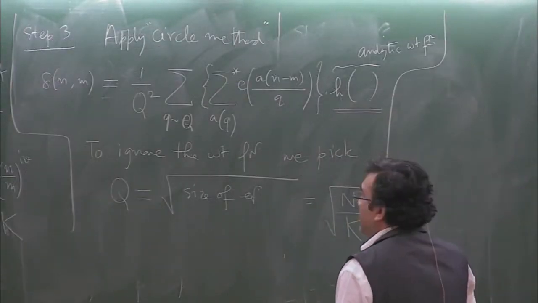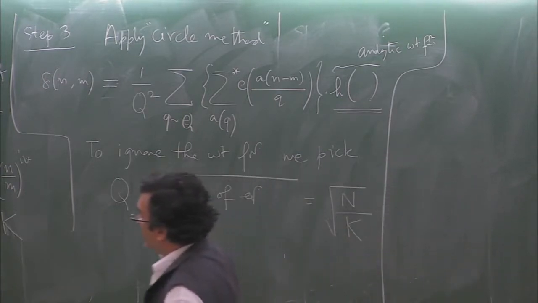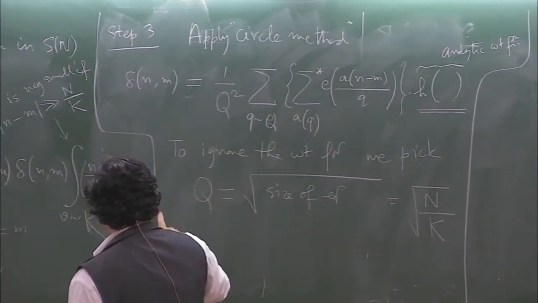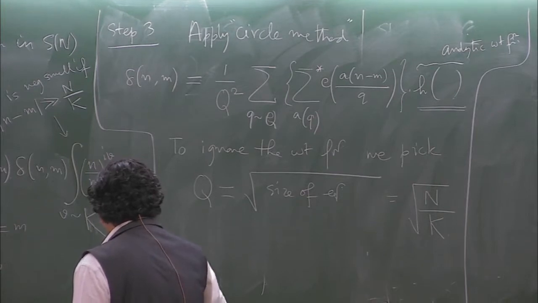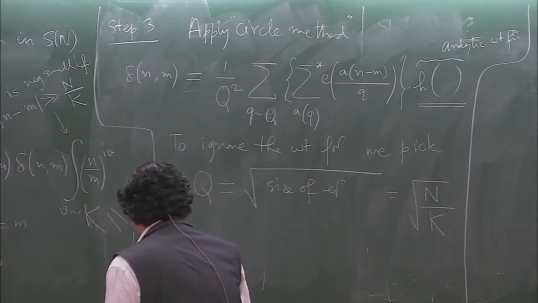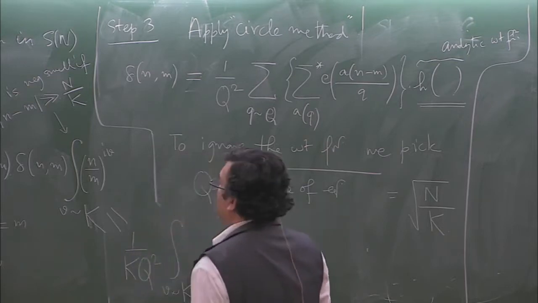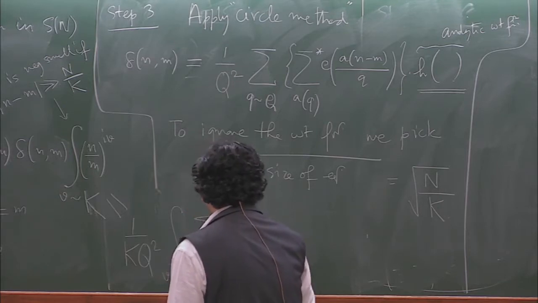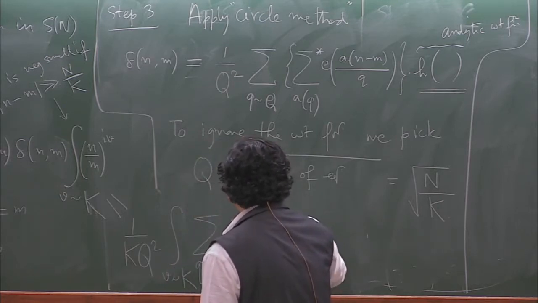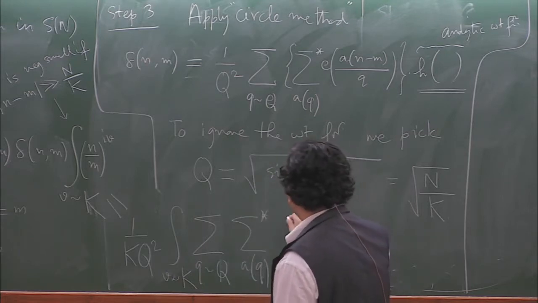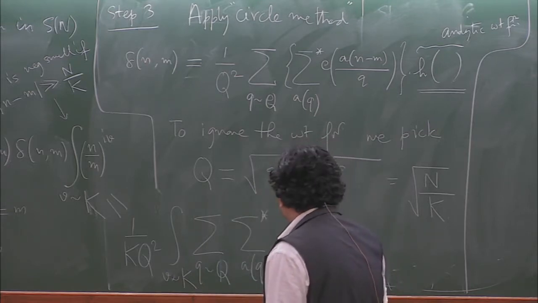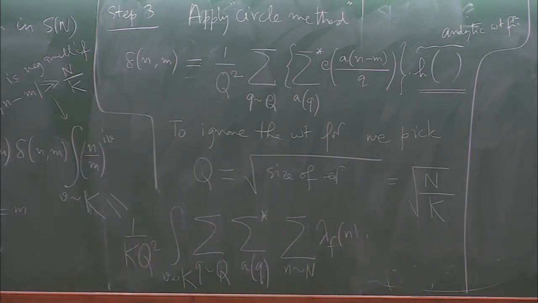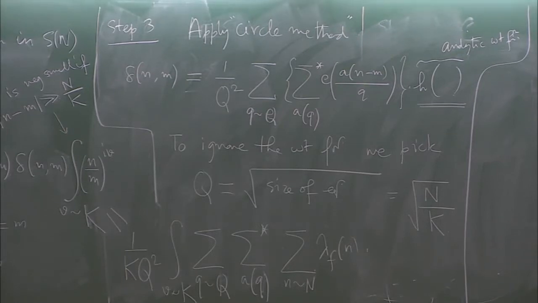Okay, so now we have separated the oscillations completely. Yes, so if you say that Sn, maybe I can write over here, Sn is now 1 by k q square. There is an integral over v of size capital K. There is a sum over q, size capital Q, a modulo q star. And then you have this sum over n, lambda f n. Oh, I forgot the n to the power it completely. So this is in the t aspect, right? So you have an n to the power it.